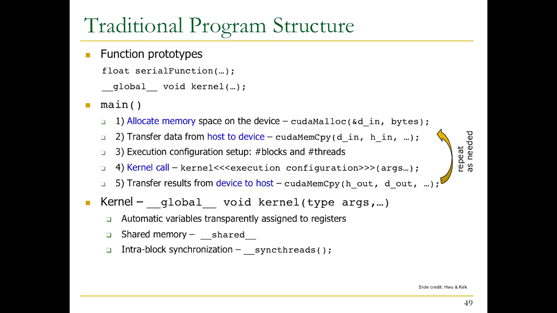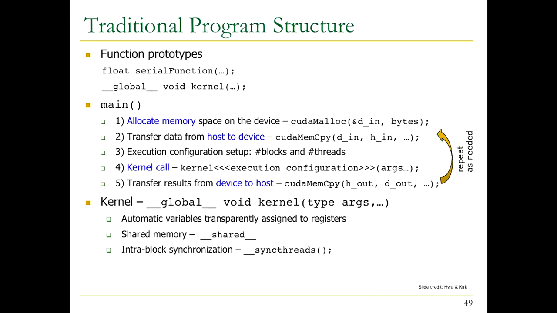So how many bytes are we allocating? We allocate a certain number of bytes, and we obtain one pointer that in this case is called d_in, and this is the way to allocate memory onto the GPU memory.